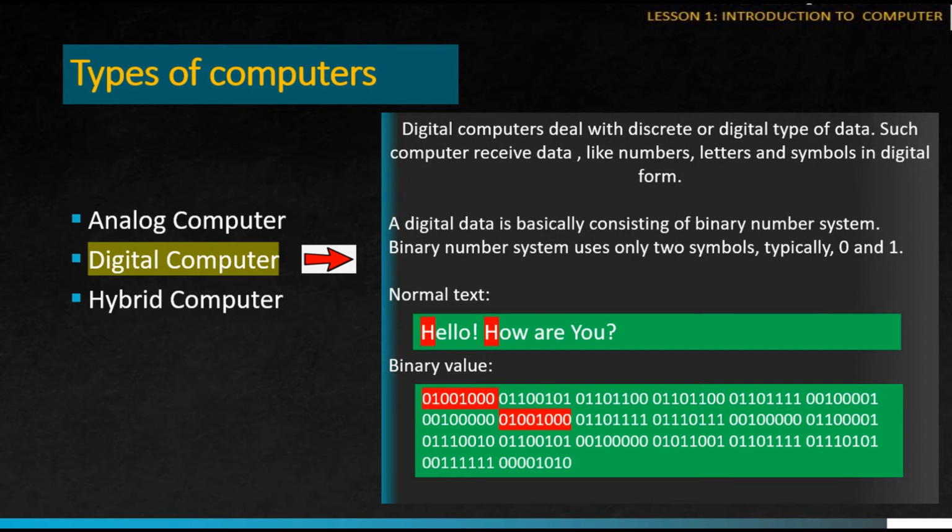Like uppercase letter H, converts into 0, 1, 0, 0, 1, 0, 0, 0, which is 8-bit binary equivalent of capital H. Likewise, question mark character, converts into 0, 0, 0, 0, 1, 0, 1, 0. In Lesson 3, you will learn some more details about binary number system. And when you program, you will practically experience it.